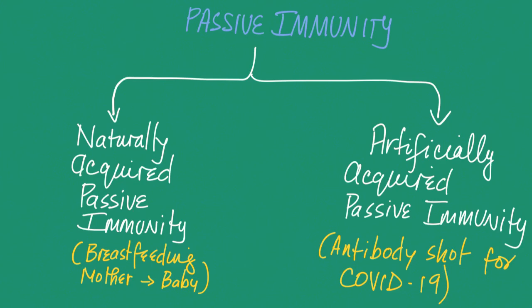Again, this is an emergency measure. Another good example is when someone has been bitten by a rabid animal, such as a rabid dog, they're given an anti-rabies shot. The anti-rabies shot contains anti-rabies antibodies, which will prevent the rabies virus from multiplying and causing death.